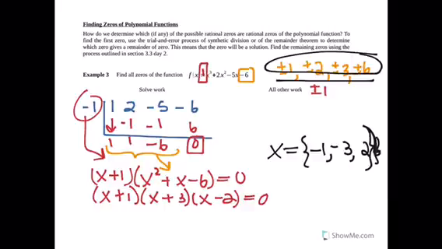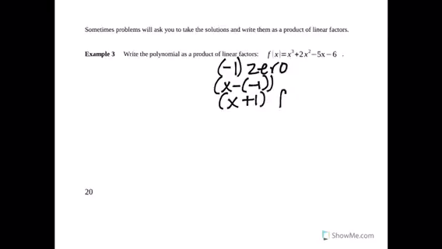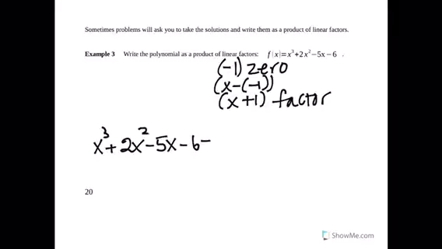All right, let's look at the next one. Write the polynomials as a product of linear factors. Well, we just kind of looked at that, right? We said that if -1 is a 0, then x minus a -1, or x plus 1, will be a factor. So we had x cubed plus 2x squared minus 5x minus 6.